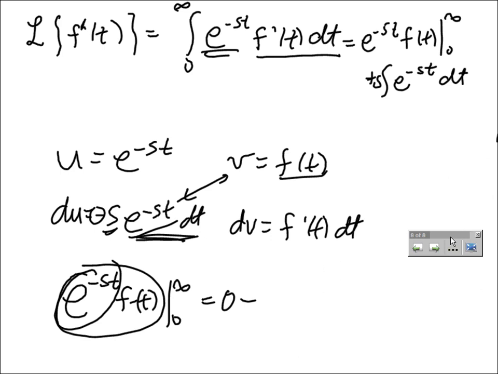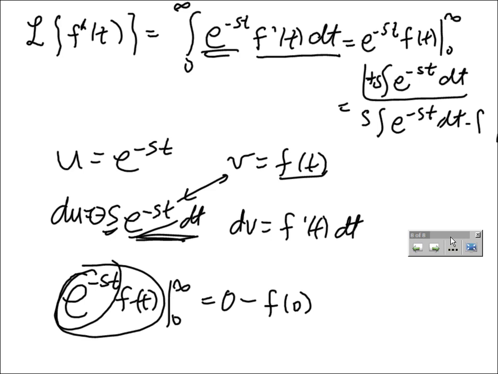Now when you plug in 0, you just get f of 0. So this is equal to this s integral of e to the negative st dt minus f of 0.